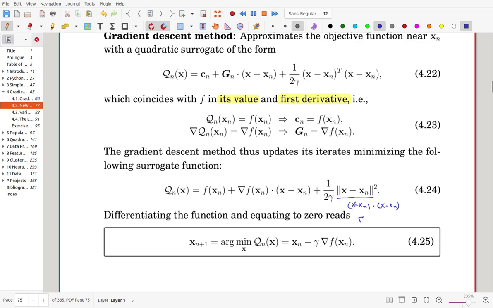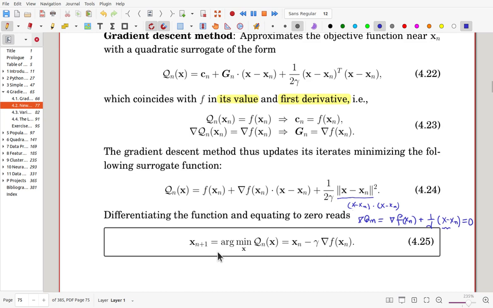So here, the gradient of qn will be the gradient of f at xn plus, here, 1 over gamma times x minus xn, since the derivative makes the constant part disappear. If you set it to 0 and solve for x, then you can get that one. So the solution, the minimizer, is the new iterate.